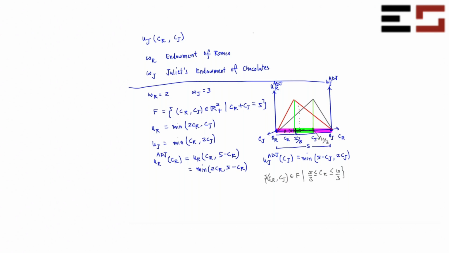That is why all these allocations are Pareto efficient, because if you take chocolate from Romeo and give it to Juliet, Juliet would say, no, no, I don't want it, let Romeo consume it. And if you take chocolate from Juliet and give it to Romeo, then Romeo would be worse off, because Romeo would say, no, no, Juliet should consume it. So that's basically what's going on. All these are Pareto efficient. Can you see this, all of you? Have you understood this? Okay, very good.